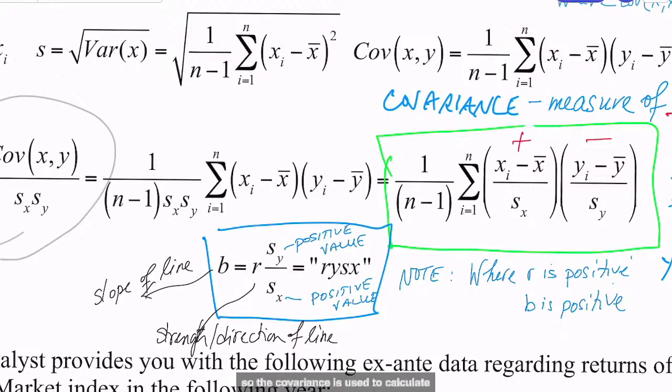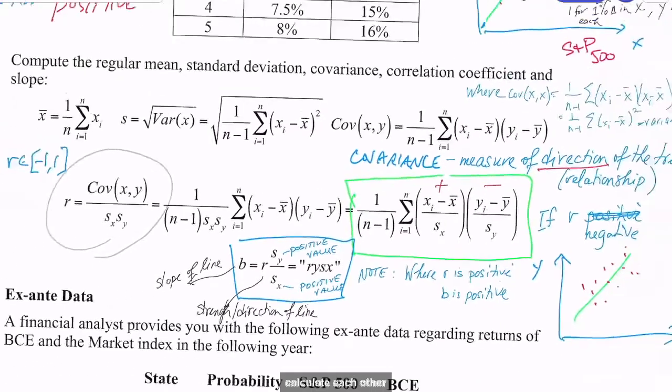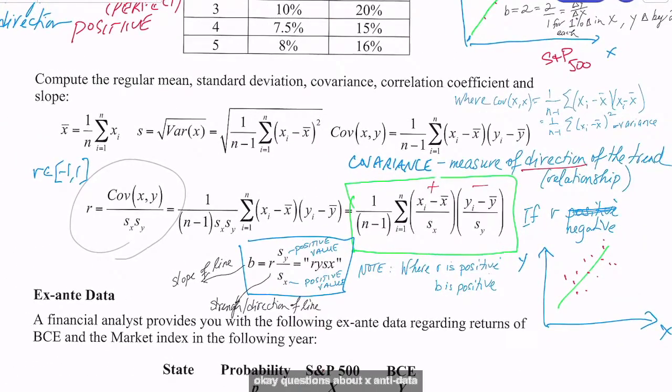So the covariance is used to calculate the correlation, and the correlation is used to calculate the slope. So it's not really a prediction, they are the same thing. I mean, they're used to calculate each other. Okay, questions about ex ante data? I mean, ex post data, historical data.